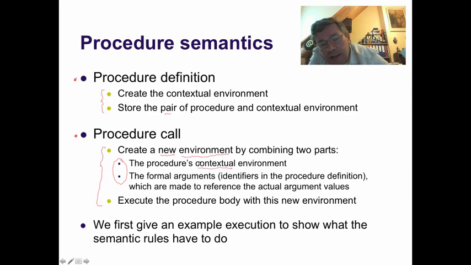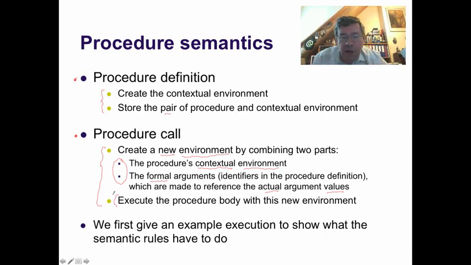First, we take the contextual environment, and to that we add new links, which consist of links from the formal arguments, those are the identifiers in the definition, to the actual argument values, the values at the call. Combined, this forms a new environment, and then we will execute the procedure with this new environment.